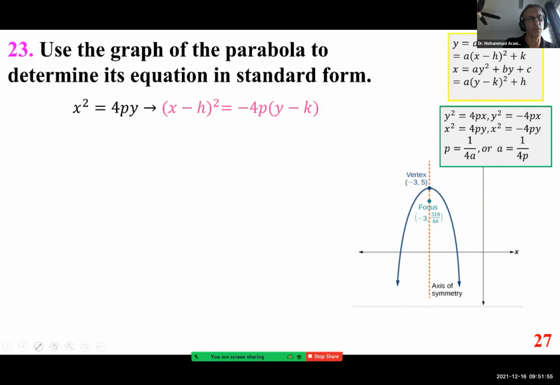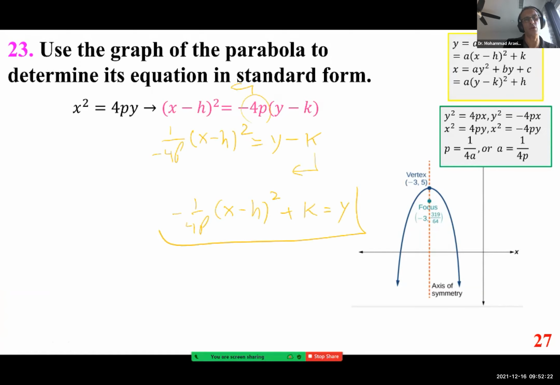If I take those steps, I can say I'm going to get rid of this. So I'm going to write 1 over minus 4p times x minus h squared equals y minus k. Now I'm going to move this, and I get minus 1 over 4p times x minus h quantity squared plus k equals y.